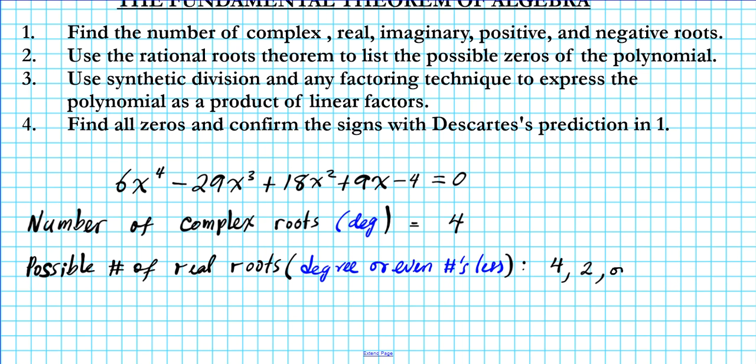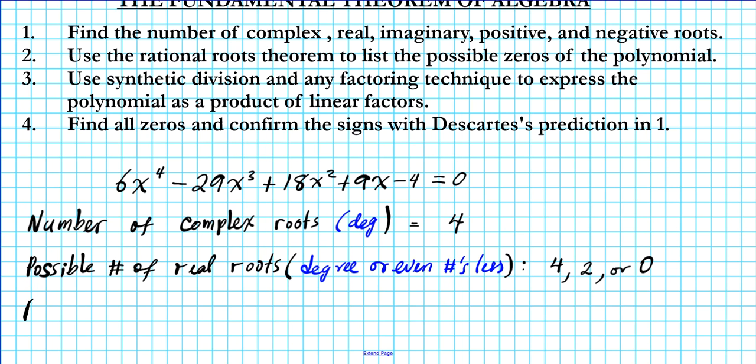Okay, what's the next even number? Is 4. So we'll subtract 4 from 4, we end up with 0. So by looking at the degree or even numbers less, we're simply subtracting 2 from subsequent possible real roots. Okay, so we have either 4 real roots, 2 real roots, or 0 real roots.